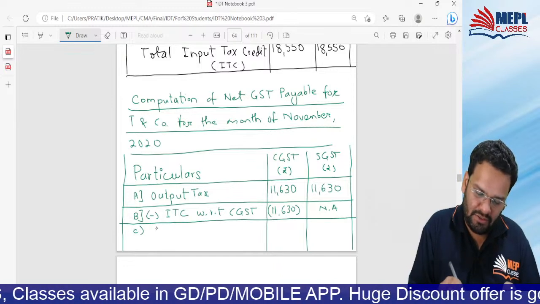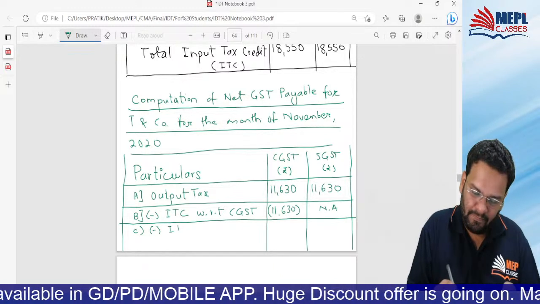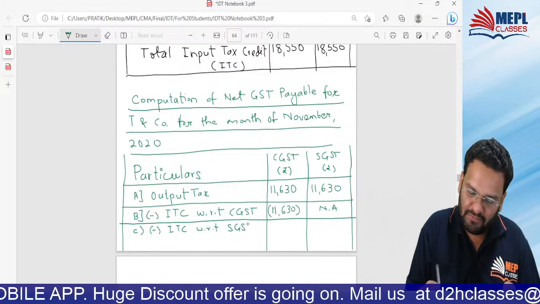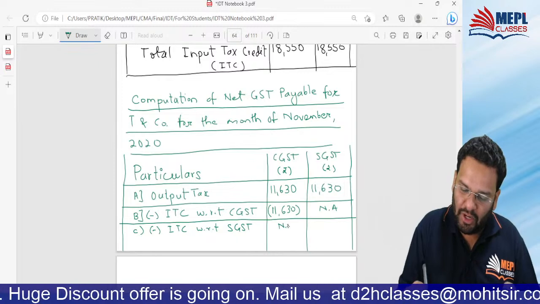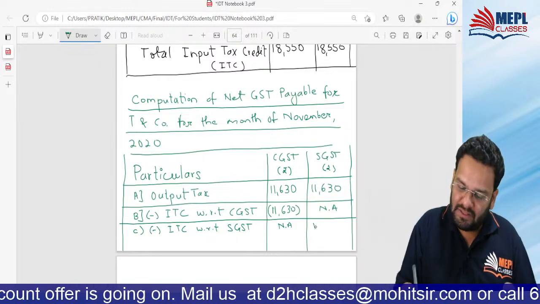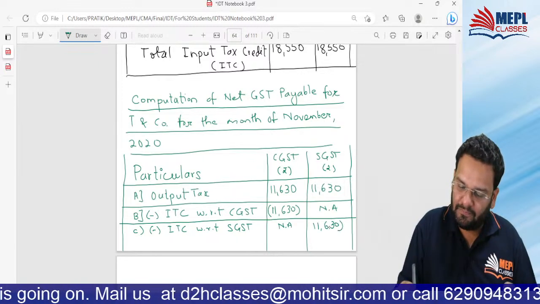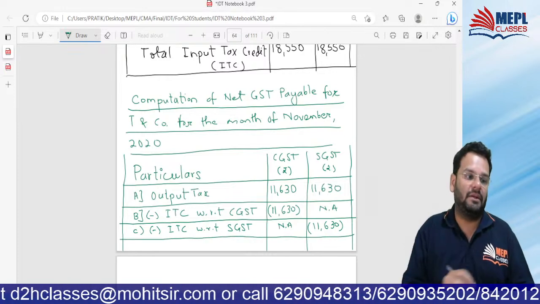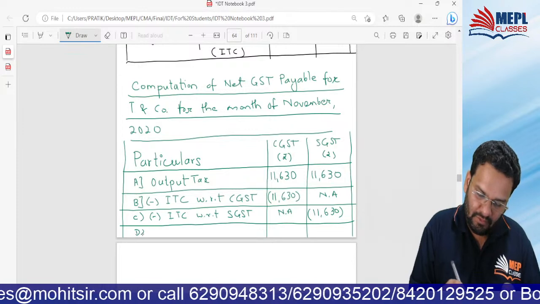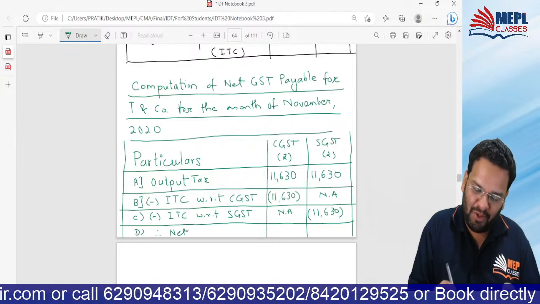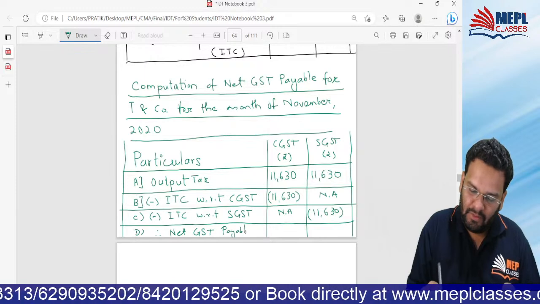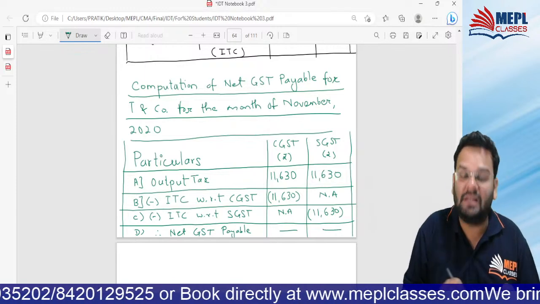And C point, less ITC with respect to SGST. Here it's not applicable, and here it is 11,630. So what will be your net GST payable? Now, your net GST payable obviously is nil.